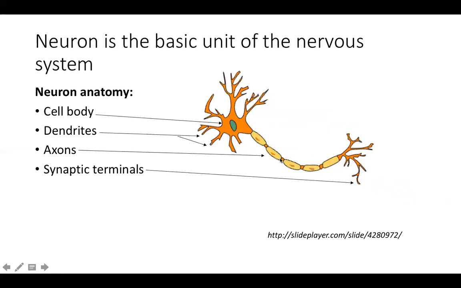This myelination allows for faster conduction of signals that are being sent into the dendrites, to the cell body, and out through the axon onto the next neuron. So this myelin covering the axon allows for a faster transmission of signaling from neuron to neuron.